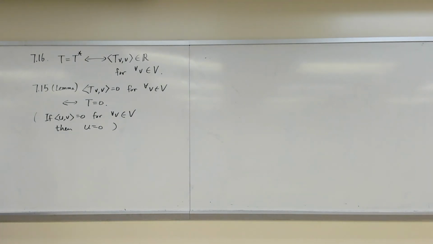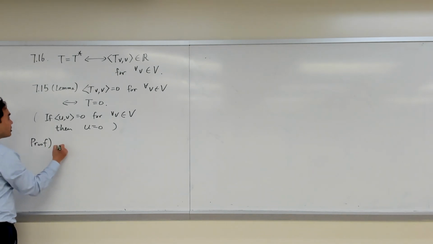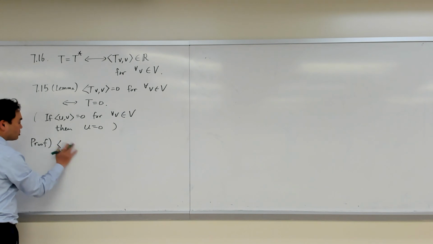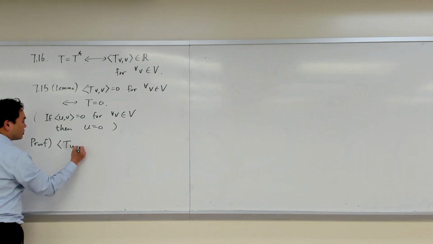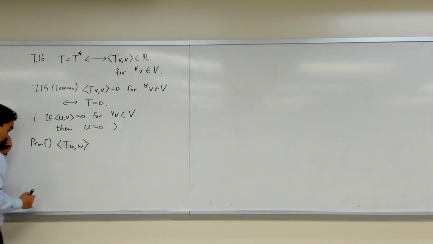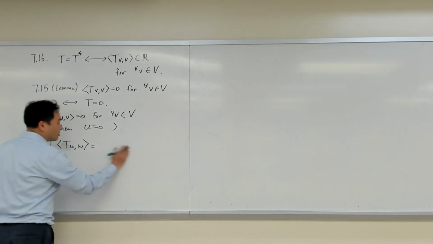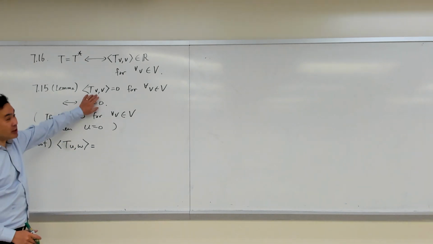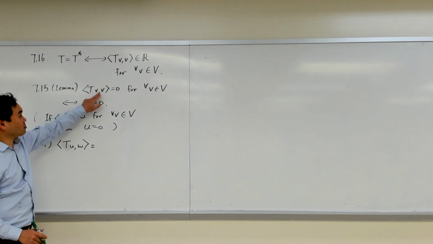And what we are going to do as a proof, we're going to say that if I have <Tu, w>, I want to rewrite this into something really complicated, but in a way that it looks like this. Okay, so these two vectors should be exactly the same.